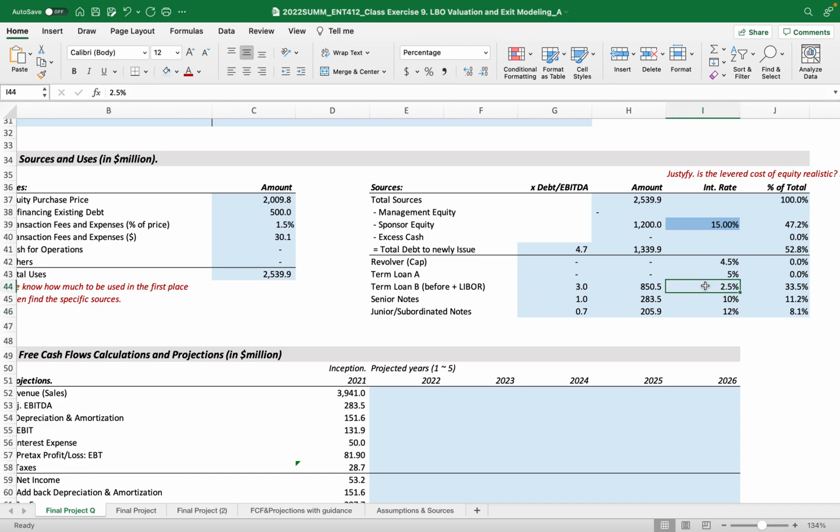And then this 2.5% is the base, right? Because it must be added to the LIBOR. So it has floating rate changes.